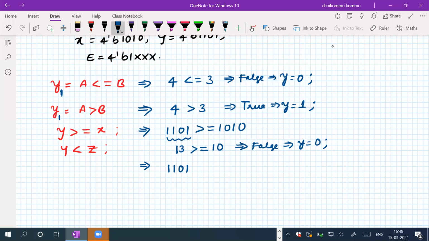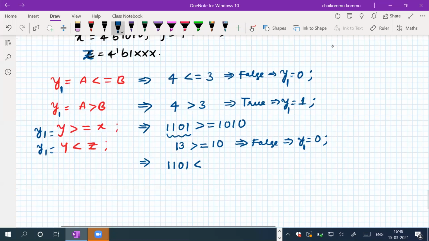Y is 1101, is it less than Z? Z is 1xxx. If any one of the operands is unknown, the result is also unknown, which means Y1 is equal to x. Now the meaning of x here is not a variable x, it is unknown.